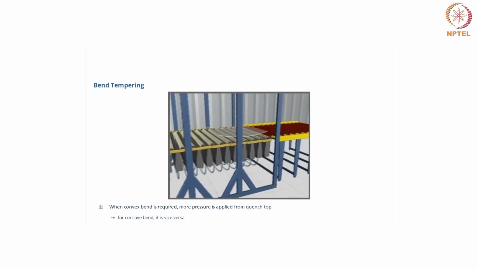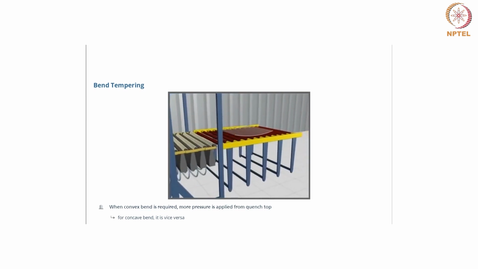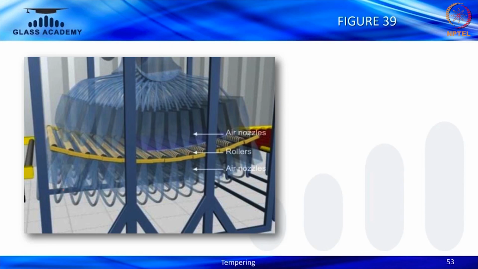The machine can be altered based on the setting. So this is not flat: the glass is heated up, and once it comes here, based on the size of the bend you want, you have to change it accordingly. Basically this is without tool, you change it like this, and you put more temperature and more air on the top and bottom. That way you get the tempered bend glass.